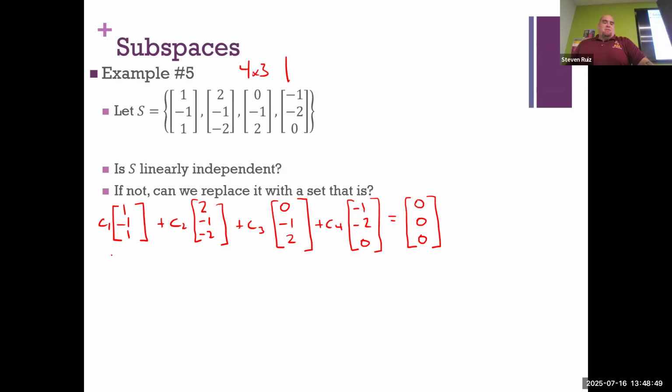So now let's set up this matrix essentially. 1, 2, 0, -1, -1, -1, -1, -2, 1, -2, 2, 0, times C1, C2, C3, C4.